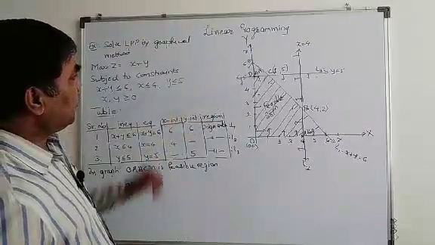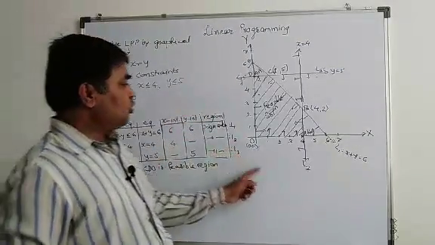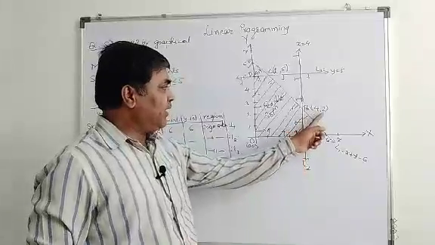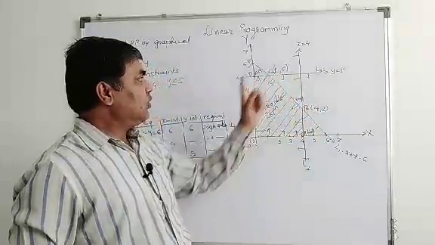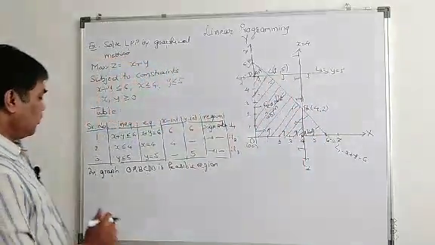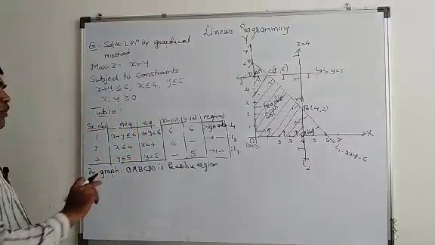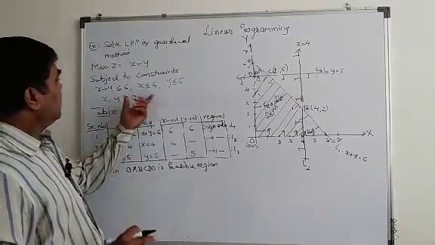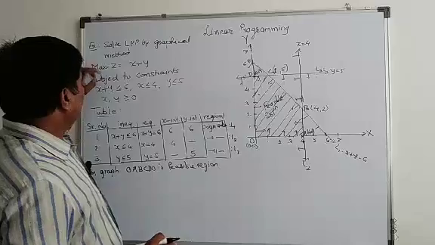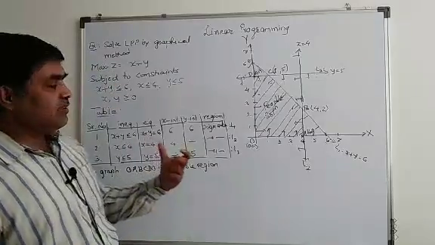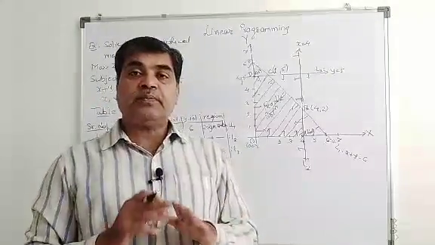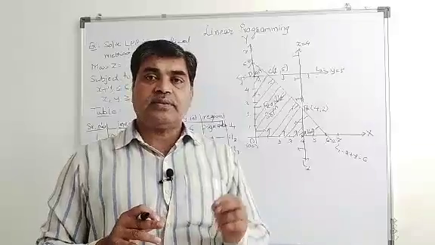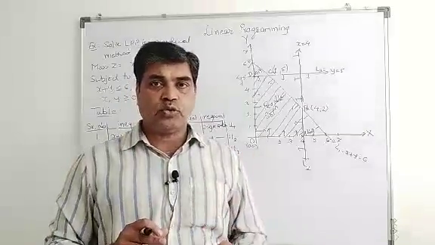In that, the corner points are O(0,0), A(4,0), B(4,2), C(1,5), D(0,5). We'll compute the value of Z at the corner points because we know that in an LPP, Z attains its maximum or minimum value always at some corner point of the feasible solution region.